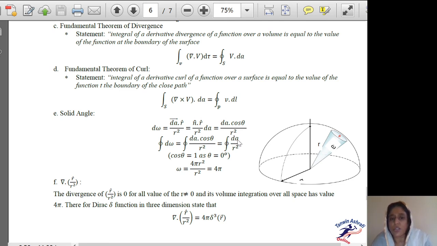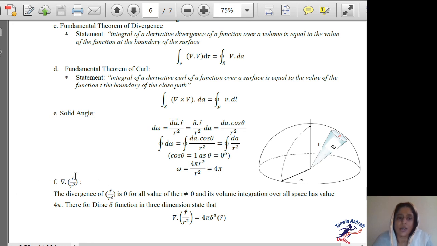This whole area is nothing but the surface of the sphere, that is 4 pi r square. Therefore r square gets cancelled. What remains? Only 4 pi. No matter which type of body you are using, if you are finding the whole solid angle, then it is 4 pi.